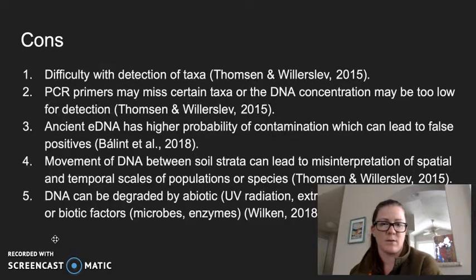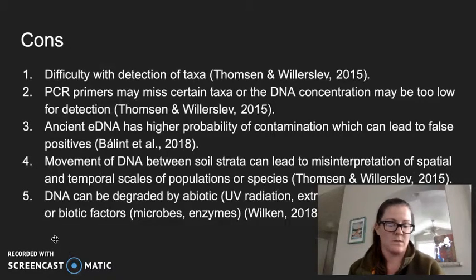Ancient DNA has a higher probability of contamination, either within the lab or outside of the lab. You can get a mix of your DNA. That seems to be a common issue. The movement of DNA between soil can lead to a misinterpretation of the spatial and temporal scales of the population.